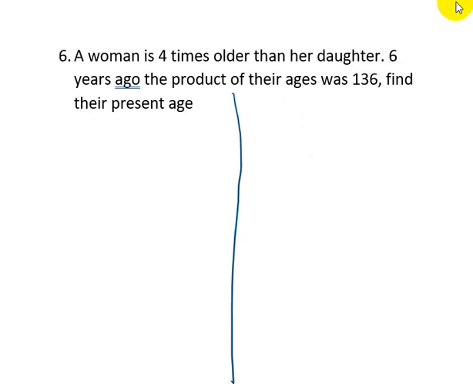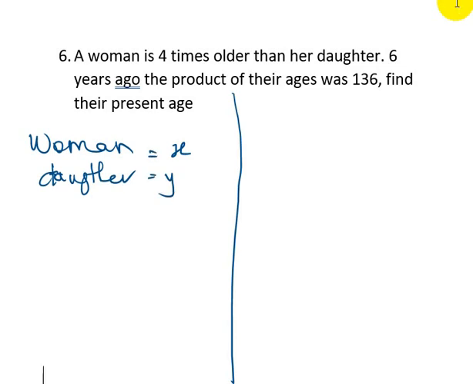Now, before the 6 years, we were told that a woman is 4 times older than her daughter. So let's make the woman, we don't know her age, so let's make the woman x and let's make the daughter y. Now, a woman is 4 times older than her daughter.